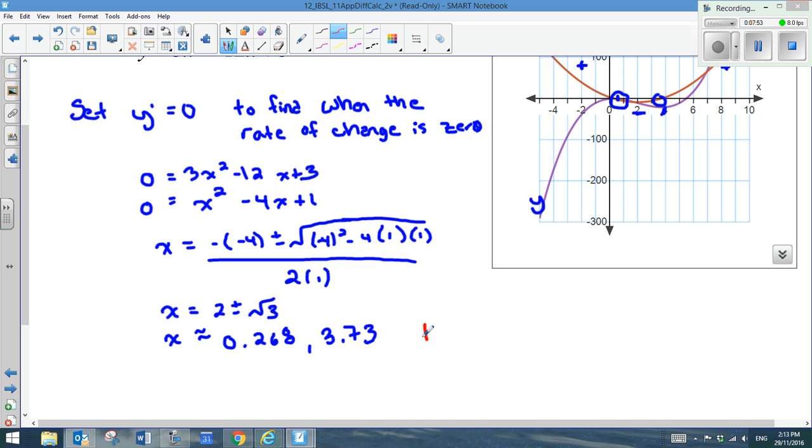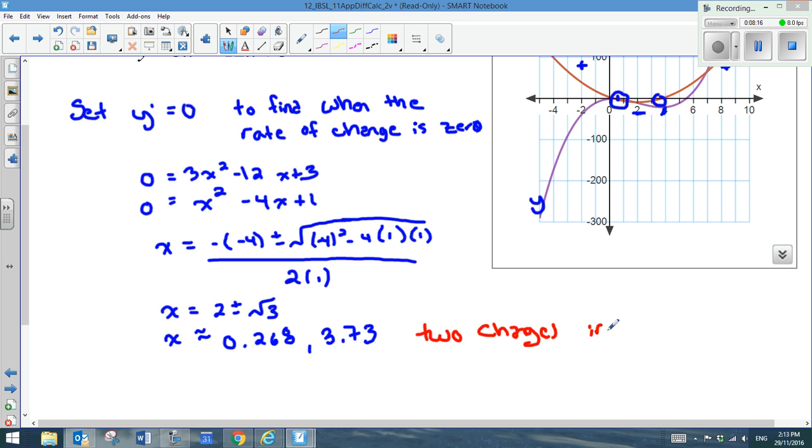So if we have 2 changes in direction, what we're interested in is what happens before that change, what happens between the 2 changes, and what happens after the second change. Because we're not sure yet. If we didn't have this graph in front of us, we wouldn't really know if the original graph was increasing, decreasing, increasing, or maybe decreasing, increasing, decreasing, whatever the case is, we need to check that.